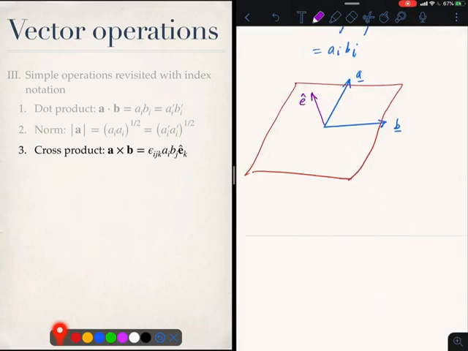So we had this geometric picture to deal with every time we thought of A cross B, but now with index notation we can simply have this formula. So let's expand this formula and see if it makes sense.